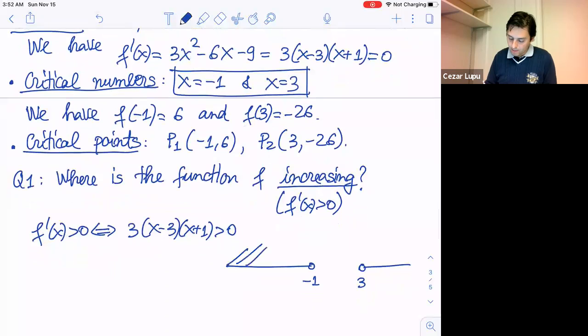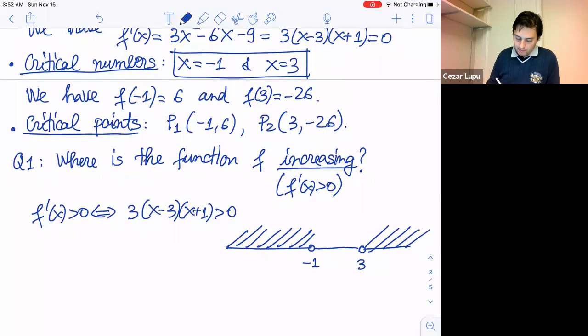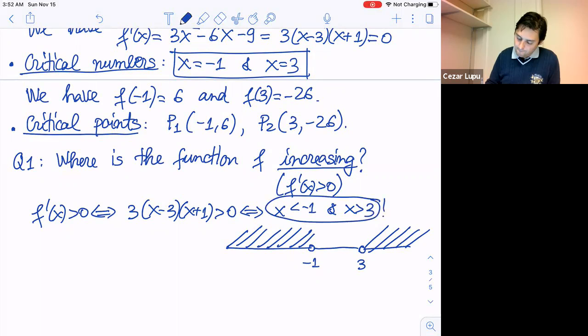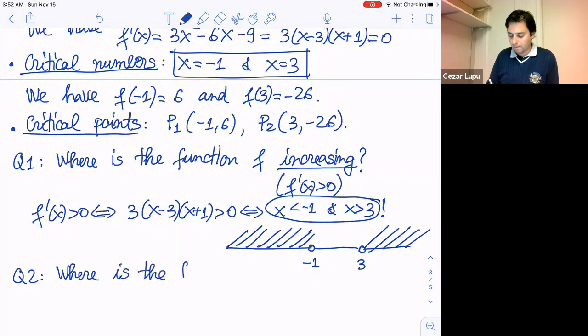So x will be anywhere outside. The function is increasing, which is equivalent to x less than -1 or x greater than 3. So let's keep this in mind. Okay, now question 2: similarly, where is the function f decreasing this time?